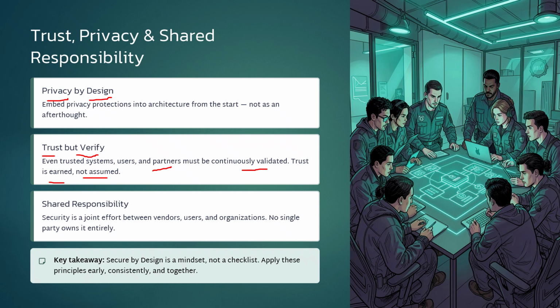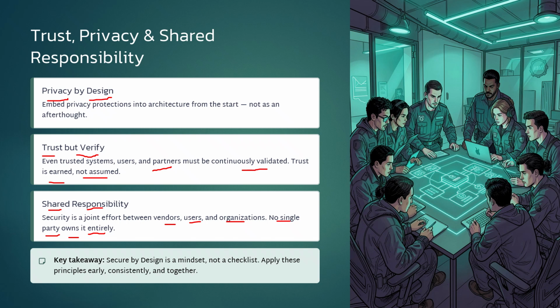Next is shared responsibility. Security is a joint effort between vendors, users, and organizations. No single party owns it entirely. This is not from the technology perspective. Every business runs under three things: people, process, and technology. So this is part of a process where you have to tell your employees, clients, and vendors that it is a shared responsibility.